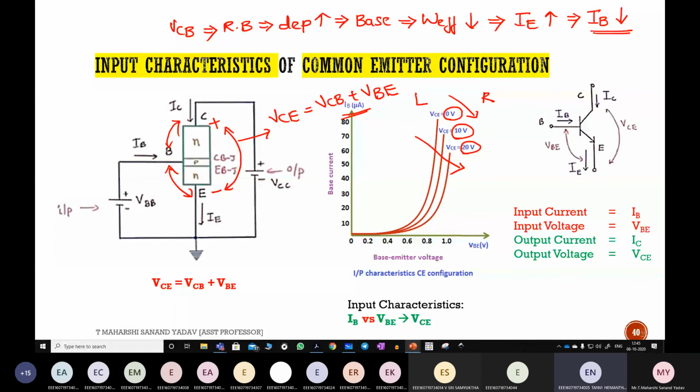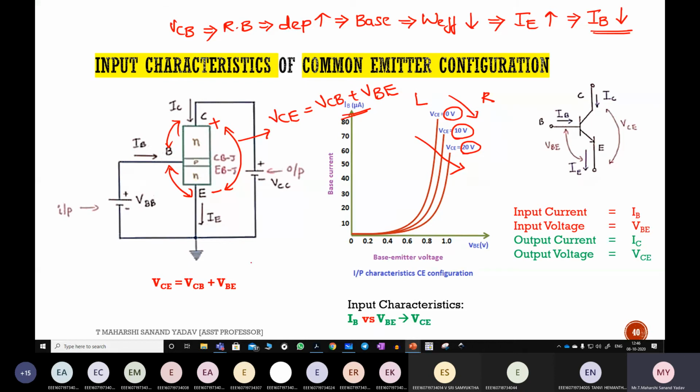As W effective decreases, IE increases, and as IE increases, IB decreases. Why is IB decreasing? Because the recombination rate is very less. That's why it is moving away.